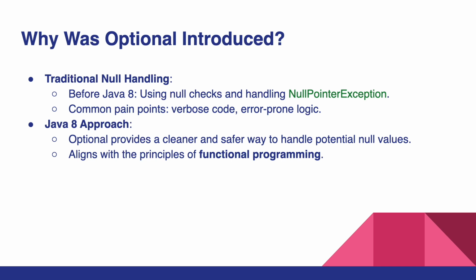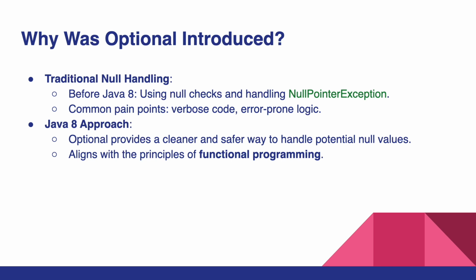It was not uncommon to see code checking a null object before writing any code, just like if object not equals to null, then we start writing our main business logic. The problem is it's verbose, error prone and often leads to overlooked edge cases.